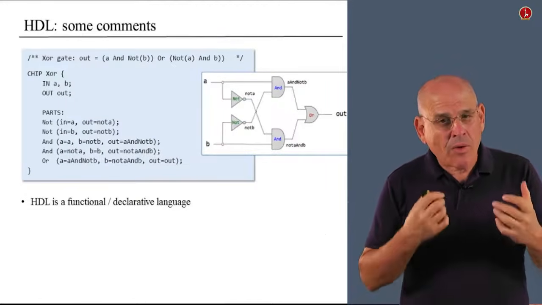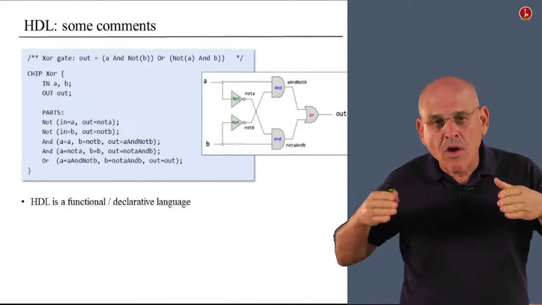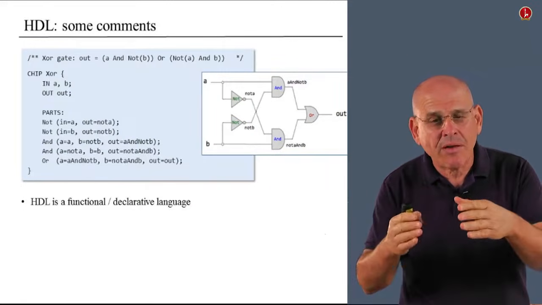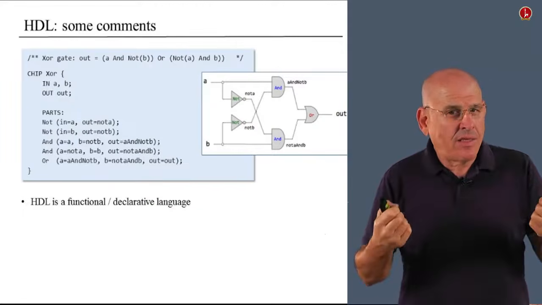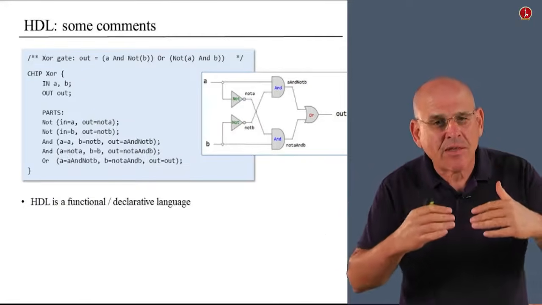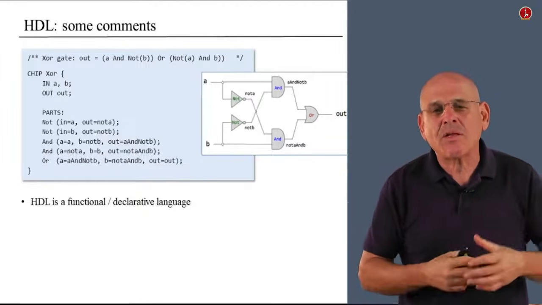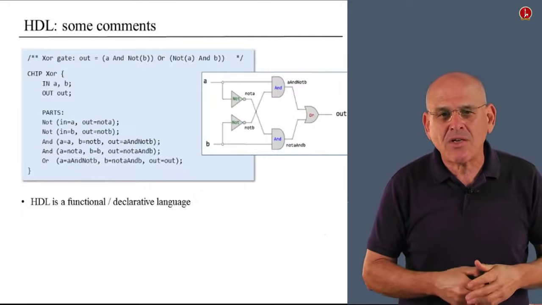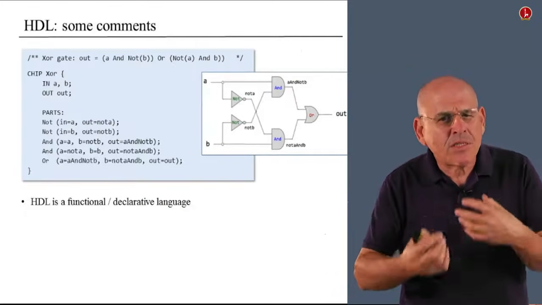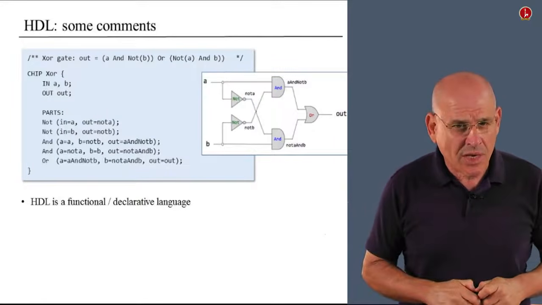At the same time, we assume that at some point this descriptive code will go into some interpreter, in our case, a hardware simulator that can actually take this description and start to pipe values from the bottom all the way to the end. So we assume that there is some agent that will turn this implementation into something that is actually working. But this procedural part is not part of the HDL code. It's external to the HDL code.